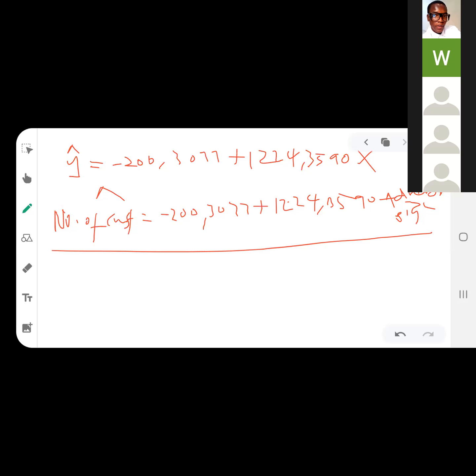Estimate the number of customers. What are you going to do? Suppose an area of advertising sign is 1.3. What will be, or estimate the number of customers? What do you think one is supposed to do here?